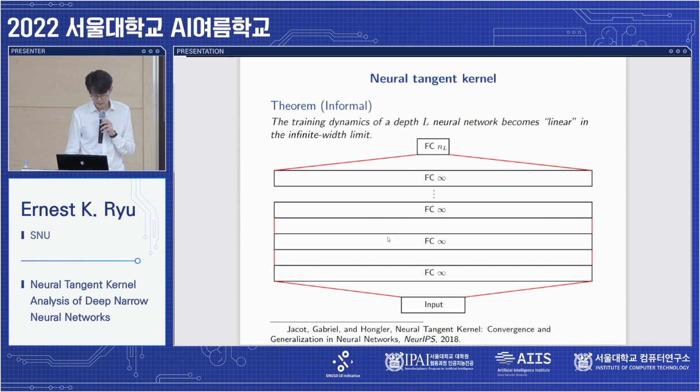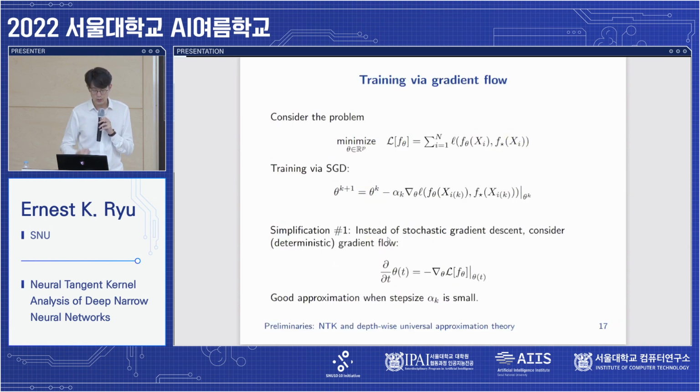So let me give a very brief outline as to how the theory is built. So let's consider the optimization problem, the training problem of minimizing, performing this empirical risk minimization, and we'll train using stochastic gradient descent. The NTK theory is based off of two key insights, two simplifications.